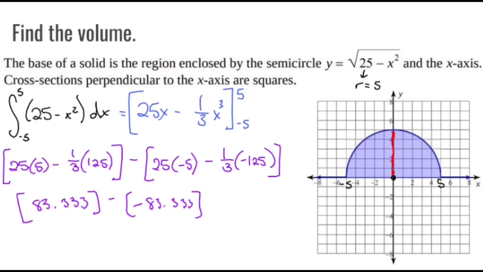And what is 83.333 times 2? It's 166.666. I don't like that, but that's the answer that we have. So the volume, according to this information right here, which is found by basically taking the area of a square, making life easy for us, is 166.6 repeating. All right, there you have it.